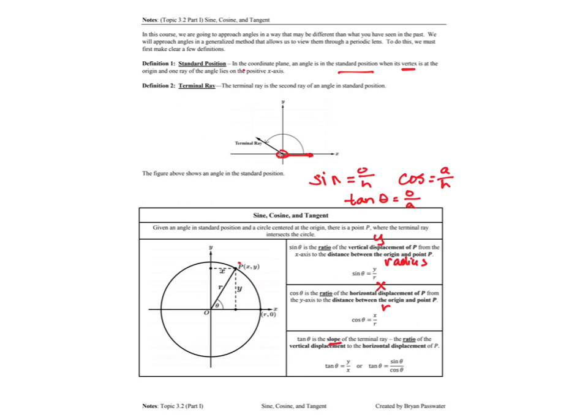It's the ratio of y to x. Vertical displacement to horizontal displacement. Tangent theta is also the identity sine theta over cosine theta. Why? Because sine is y. Cosine tells me the x values. Okay, sine theta over cosine theta. Is this all ringing a bell to you? We're feeling pretty good about this? Okay, so let's go on.